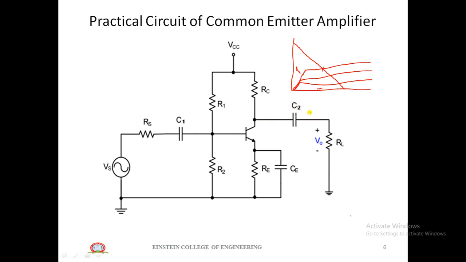Why we are giving this capacitor: if this capacitor is not provided, then this amplifier is directly connected to the next level of amplifier, and this RC will be connected in parallel to the next stage R1. This will drastically change the biasing voltage of this transistor. So to avoid that drastic change in this biasing, the output coupling capacitor C2 is provided.